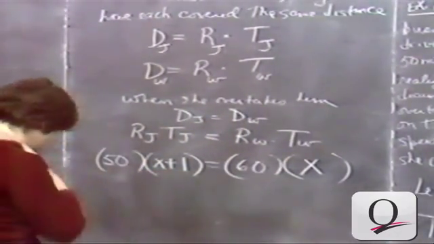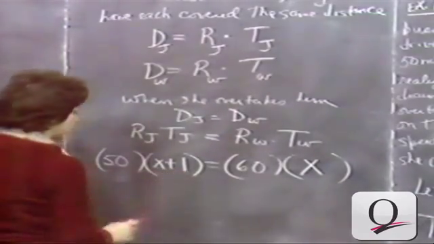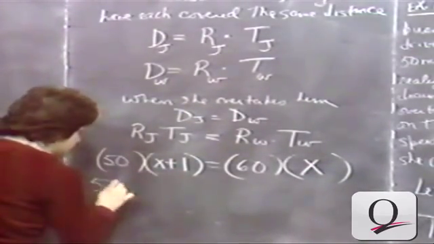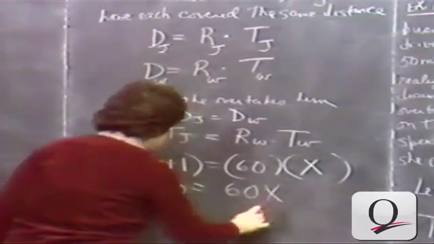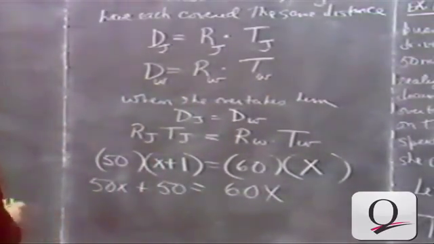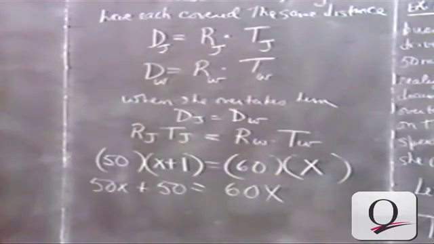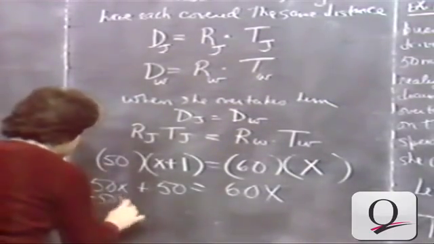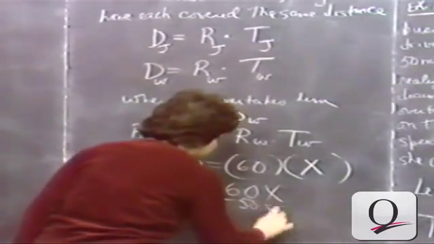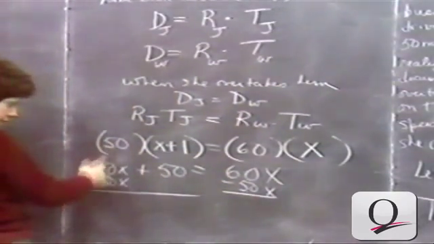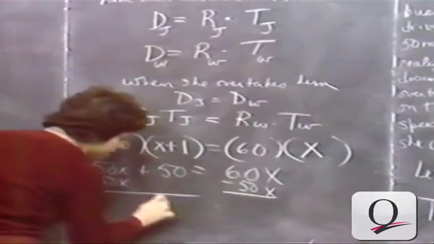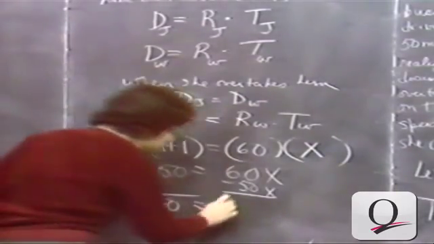Let us solve this equation here. We distribute the 50 on the left-hand side. 50 times x plus 50 equals 60x. Now we will subtract 50x from both sides. The 50x is canceled here. Over here we have 50 equals 10x.